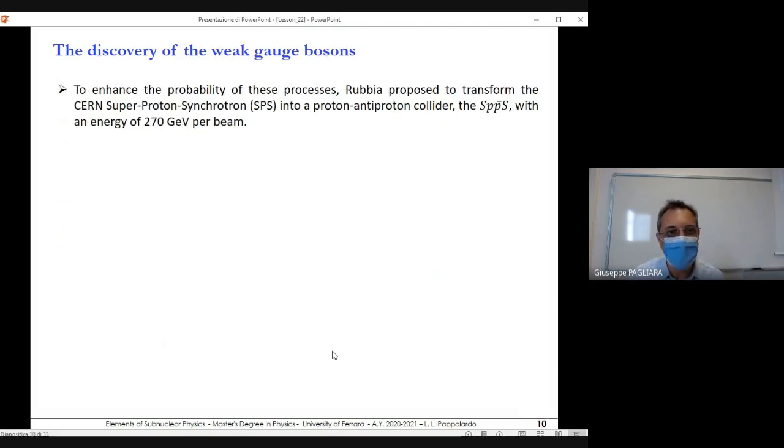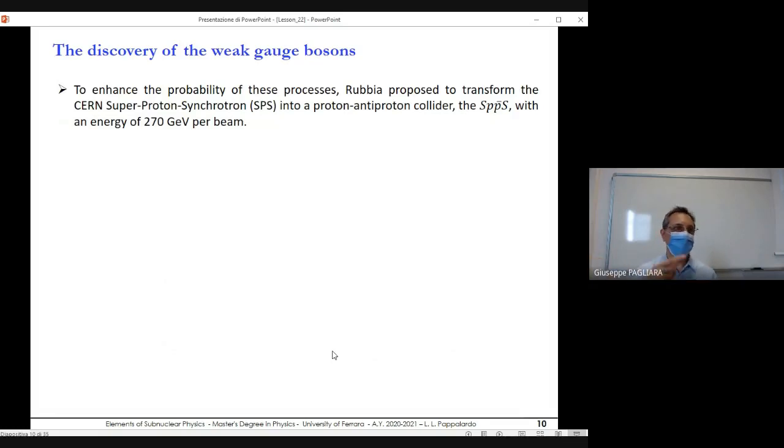The idea was brilliant, but in order to be put into reality, this required a lot of effort, also from the technological point of view. The reason is that at that moment, in the early 80s at CERN, there was not a proton-antiproton collider, but the SPS, the super proton synchrotron, which is still active at CERN, and which is actually a fixed target machine.